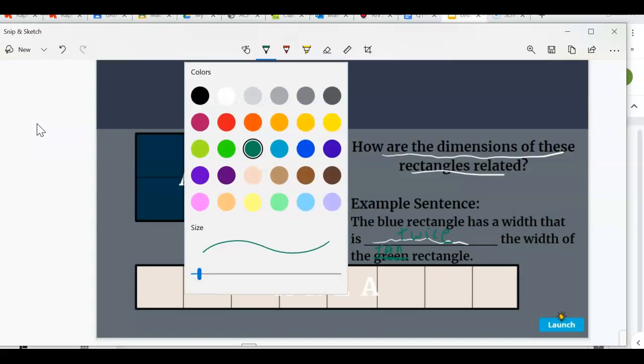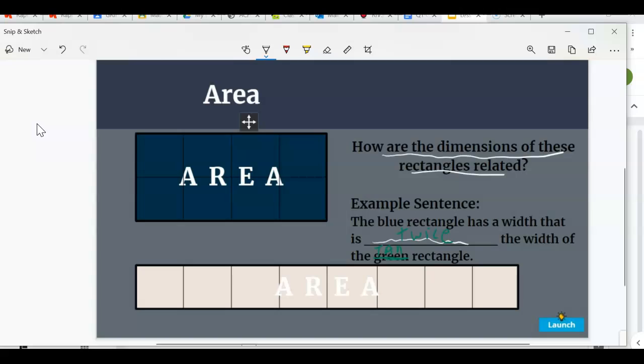And let's take a look. How is that the case? Okay, so we're going to say that this is the width. This is the width over here. And this part right here is the width for this one. Okay, so when we count the width, we count both of these square units. 1 and 2.